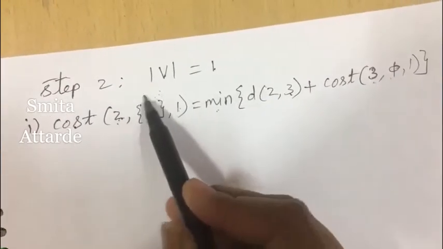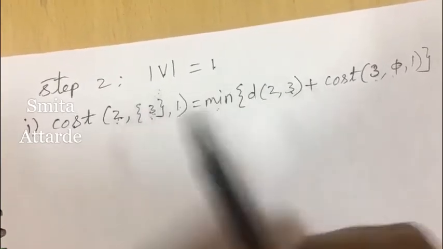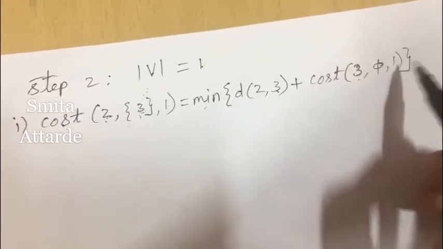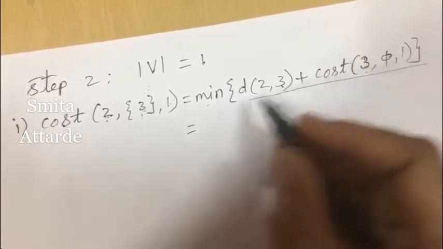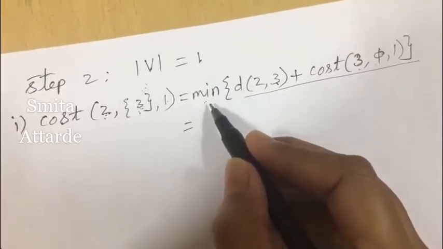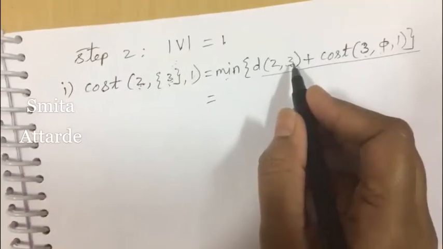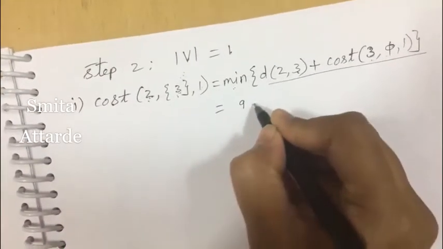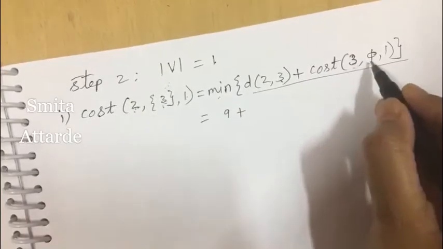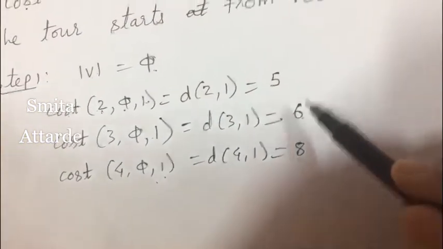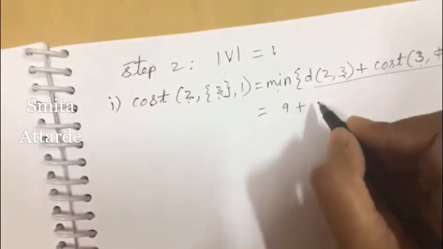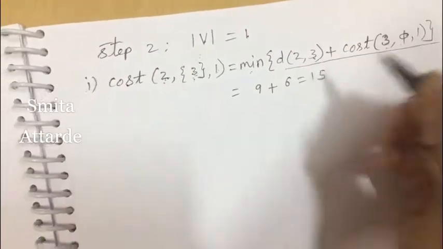Our v consists of 3 and we are subtracting 3 from it, so we get null and 1. So here this is a single value, so we do not need to write min. So distance of 2 3 from the distance matrix we get 9, plus this cost of 3 null 1 we have calculated from the previous step, that is 6. So 9 plus 6 we get 15.